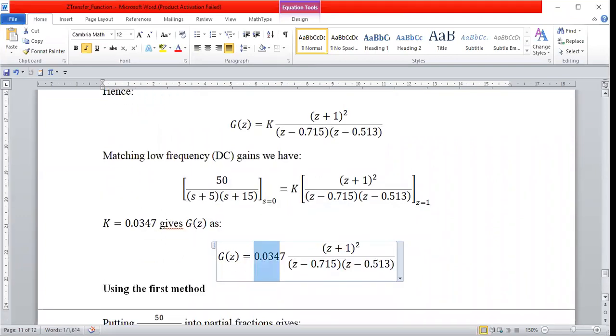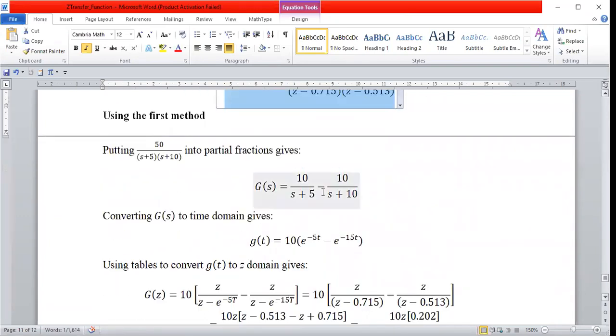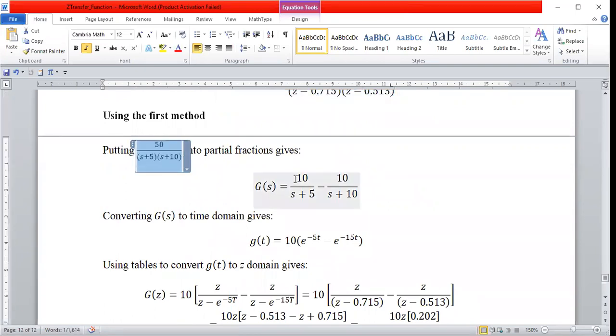With this pole zero mapping, you got your transfer function to be equal to this. For our first method, what we did was that we put this into partial fractions when we started. So this is using the first original method we did. This is the question.